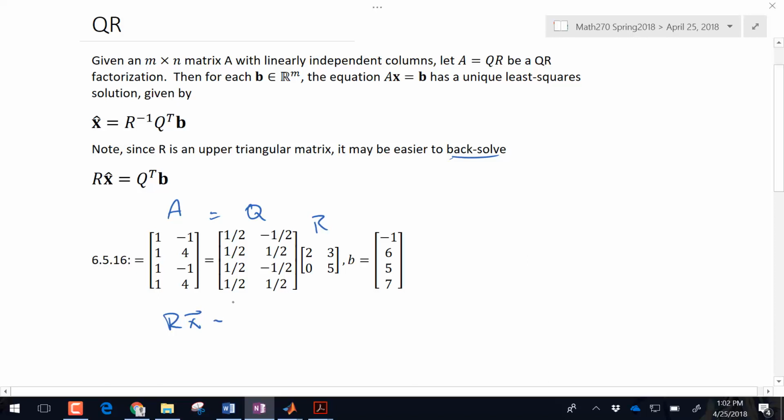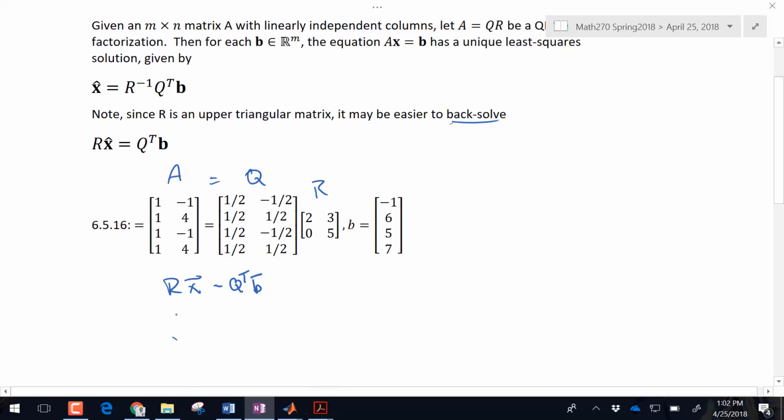Okay, so R x is going to equal Q transpose times the vector B. So we got 2, 3, 0, 5, and then this is where it's important to know what's the size of your vector. In this case, it's a 2 by 1 vector.